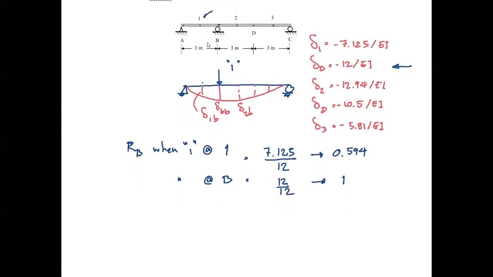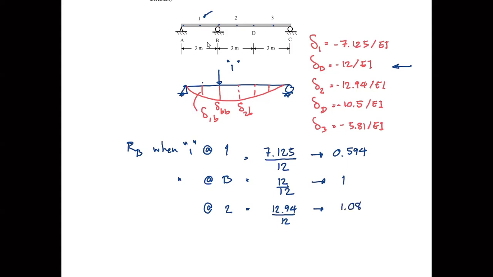We move on to when it's at 2: 12.94 over 12, that is 1.08.